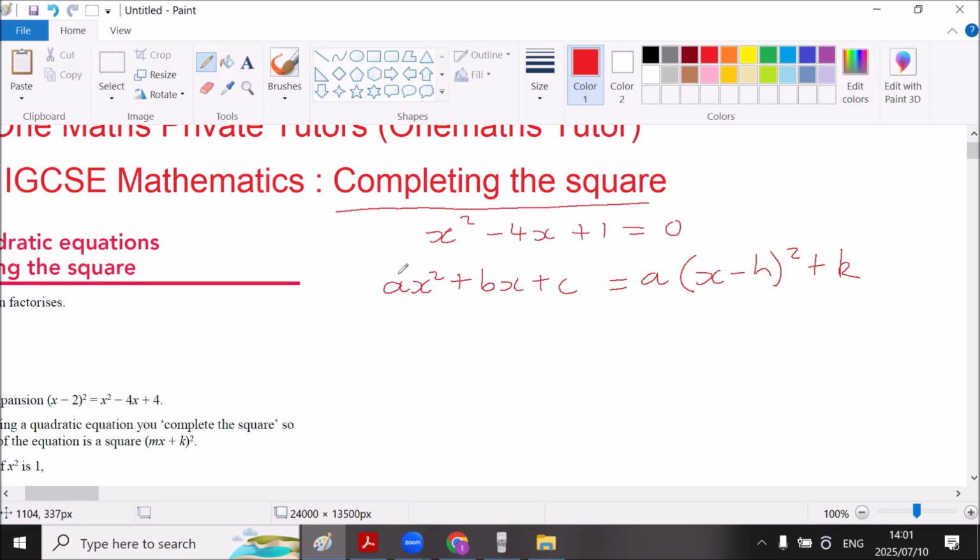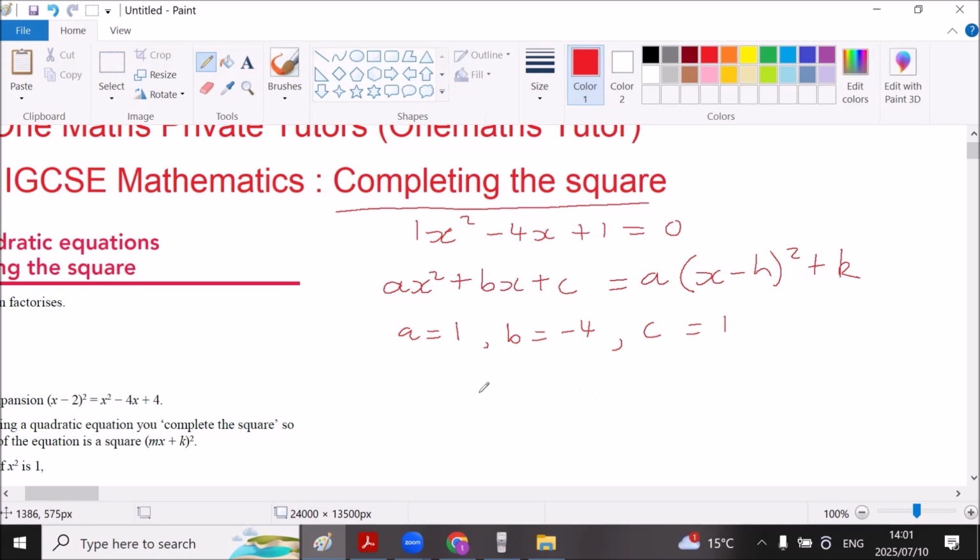Now we use the coefficient of x squared, the coefficient of x, and the constant c to find the values of h and k. The coefficient of x squared here is 1, so a is equal to 1. b is equal to minus 4, and c is equal to 1.